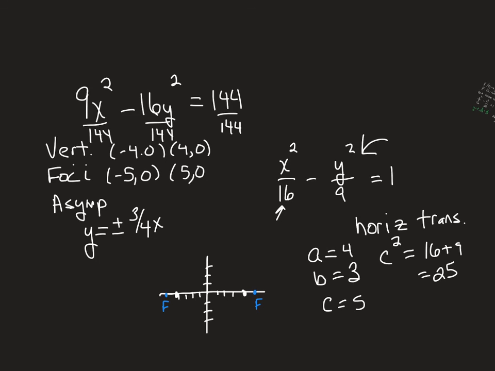If I go up 3 and over 4 from the origin, I have a point here. Down 3 and over 4, I have a point there for one asymptote. These will be my other points to draw the asymptote.